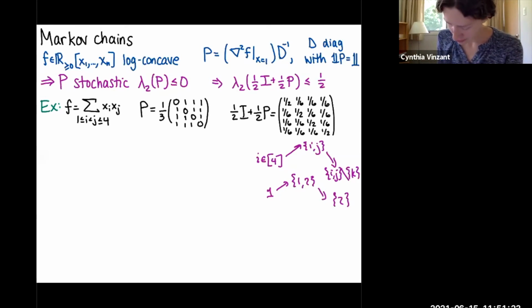But there are many ways that I could end up going from 1 to 1. Namely, I can pick whatever I want here and then just drop it. So there are 3 different ways, all of which occur with probability 1/6, in order to do this.